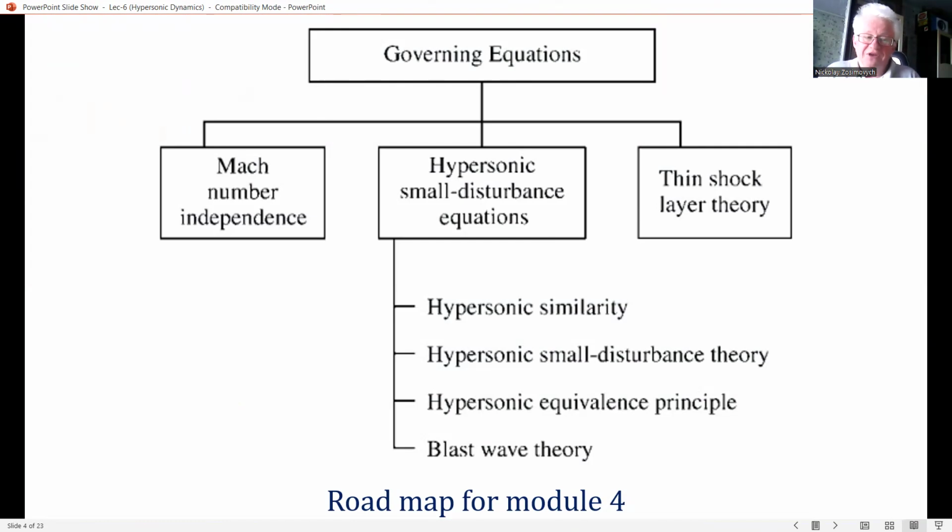Recall that we have discussed the general partial differential equation for an inviscid flow. It was in lecture number 4, situated at the top center of this figure.